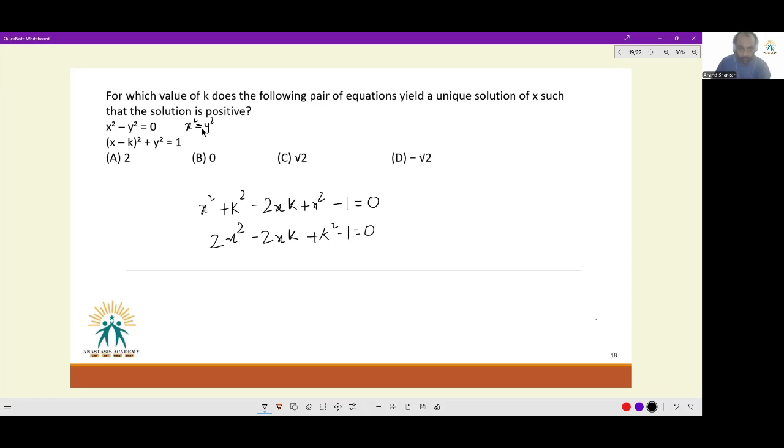Now we are told that it yields a unique solution of x, which means the discriminant here must be 0.